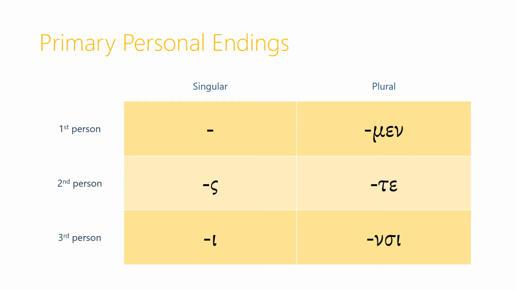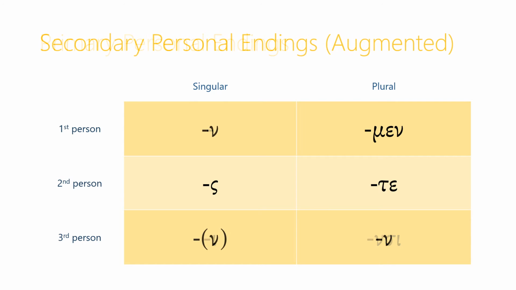All of the verbs we're going to be learning in Greek use either these personal endings, the primary personal endings, or what we call the secondary personal endings. And the secondary personal endings are similar in some places. So the second person singular is still a sigma, the first person plural is still men, and the second person plural is still te.